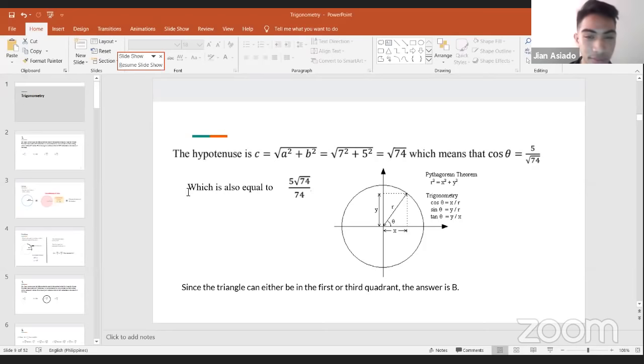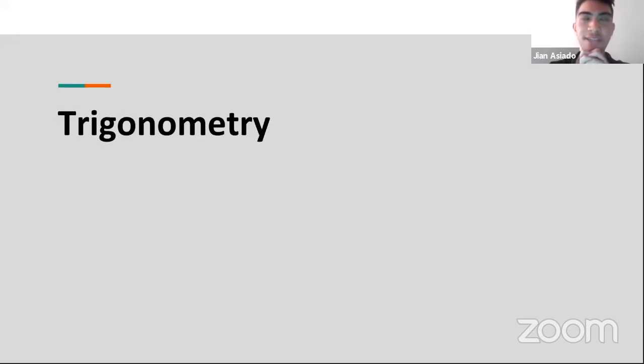Okay, so now we're gonna head on to our next topic, which will be trigonometry. Okay, let's go, Trig. My tip here is medyo mahirap i-discuss yung Trig, lalo kung yung foundation nung tinuturuan ay hindi ganun ka-firm, for example, meron pang lapses sa geometry.